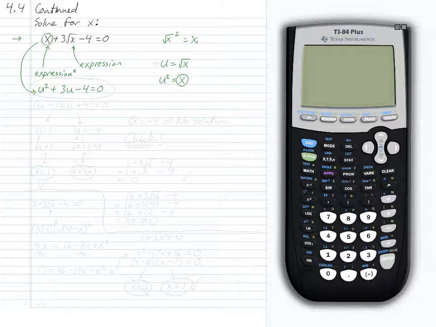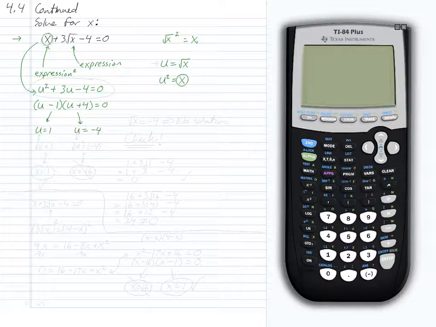So here we have our quadratic form, and we can see that this also factors. We can factor this as u minus 1, u plus 4 equals 0, which indicates that u equals 1 or negative 4.